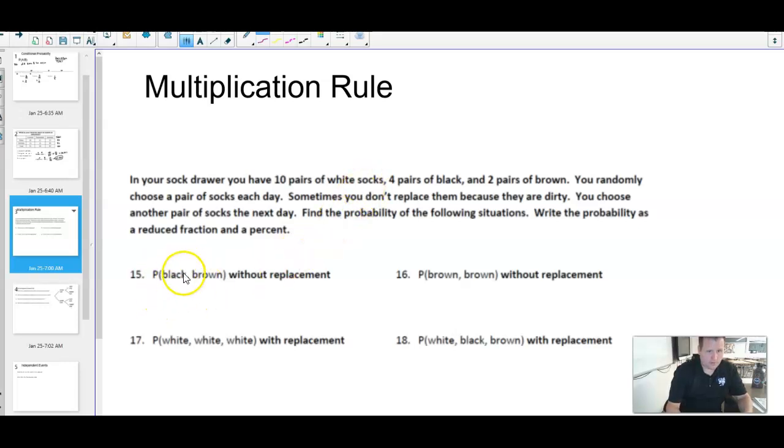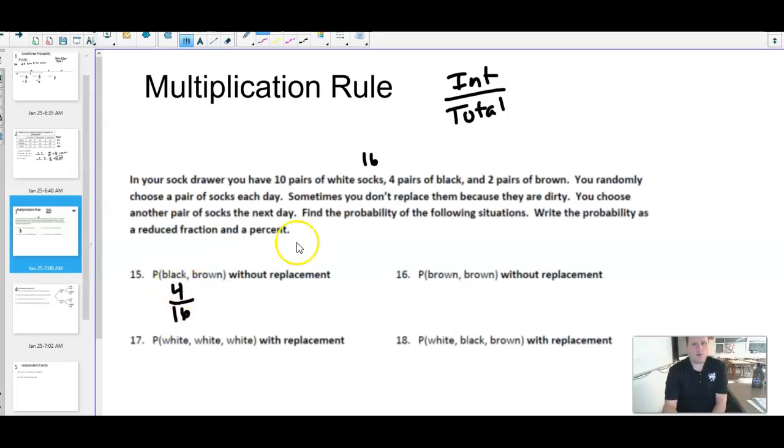So remember, our probability is always what we're interested in over the total outcomes. So I need to know how many total I have. Here I have 10, 4, and 2, which gives me 16 total. For the first one, the probability of a black pair of socks would be 4 out of 16, because there are 4 black pairs and 16 total.